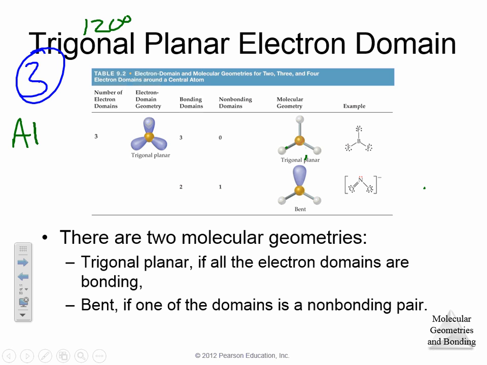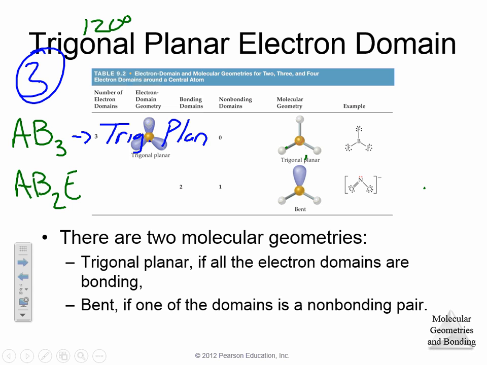The first one is if it's AB3. The second one is AB2E. If it is AB3, it is going to be what we call trigonal planar. If it is AB2E, we're going to call it bent.